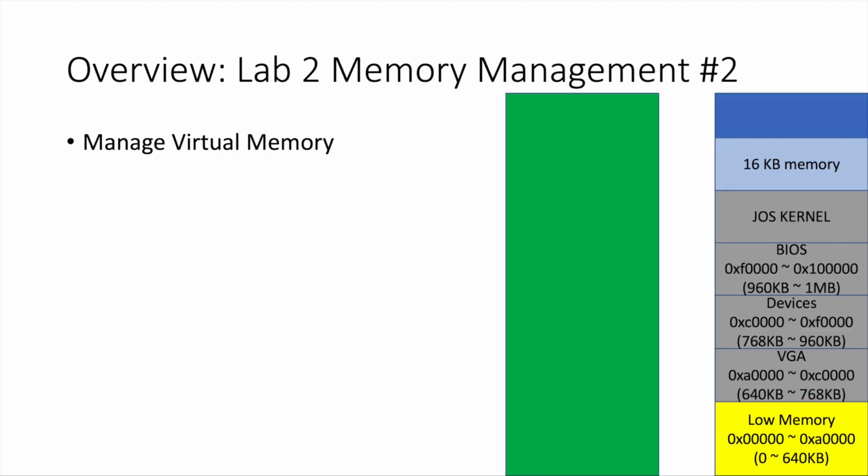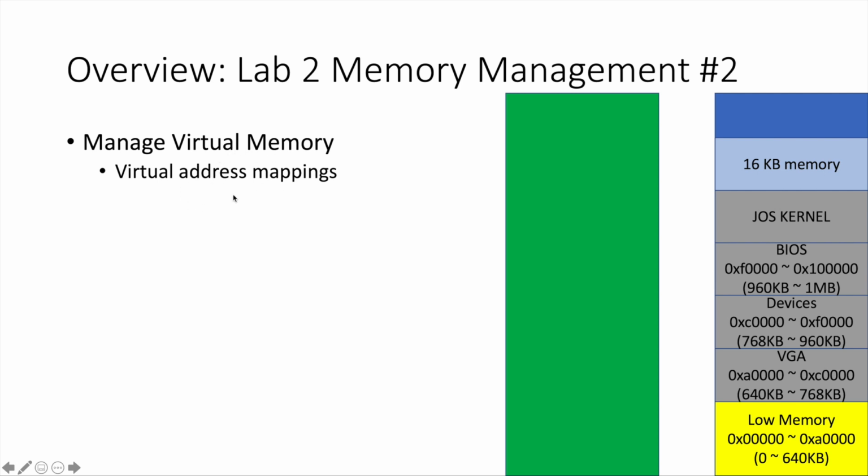From part 1 of Lab 2, Managing Physical Memory, we have finished the physical memory management, so you can regard the right side of this figure as the physical memory space. As the first step of part 2, Managing Virtual Memory, we will implement the virtual address mappings.